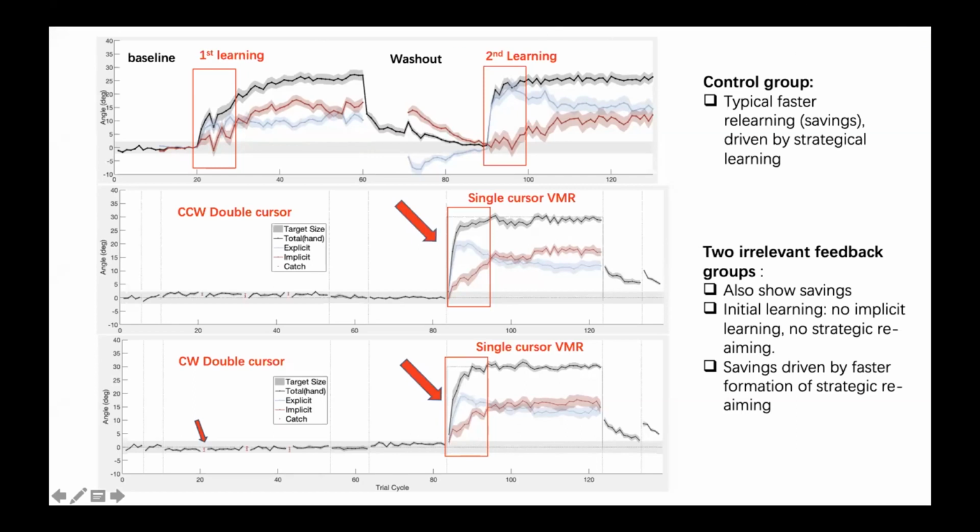Hey, I have two short questions. Is the learning via implicit feedback you show here equivalent to if you would tell the subjects what the visuomotor rotation is? If you would tell them, oh, you have to aim 30 degrees counterclockwise?